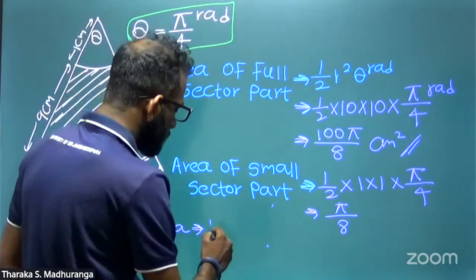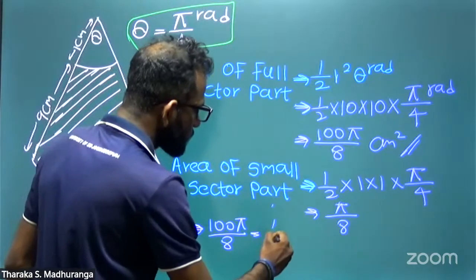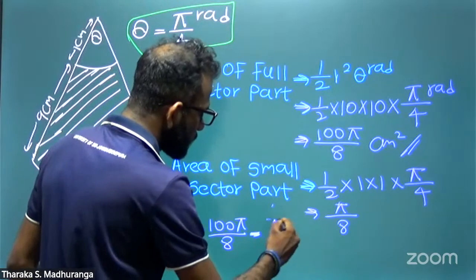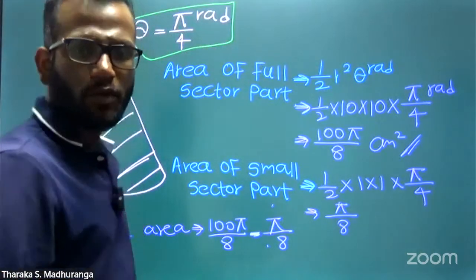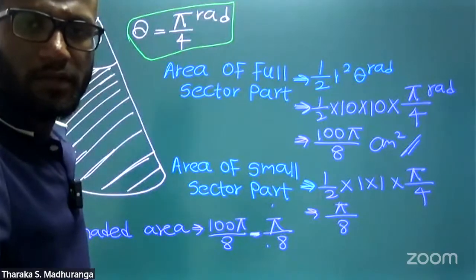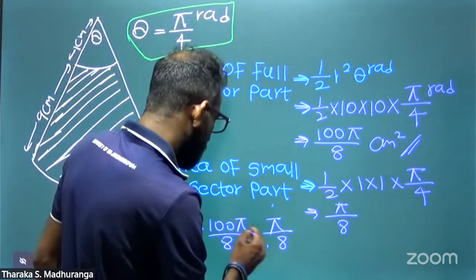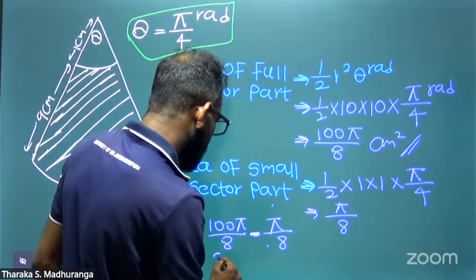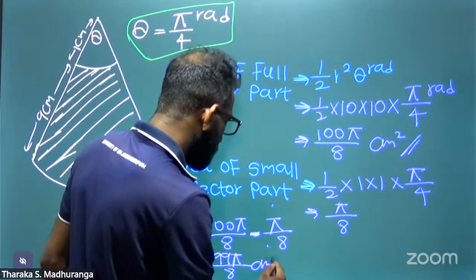Then 105 over 8 minus 5 over 8. What's the answer? The answer is equal 105 minus 5, it is 99.5 over 8 square centimeter.